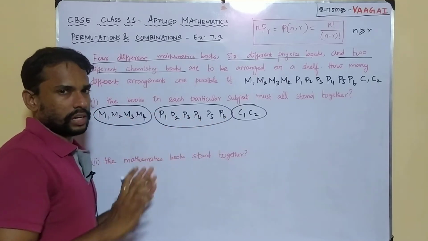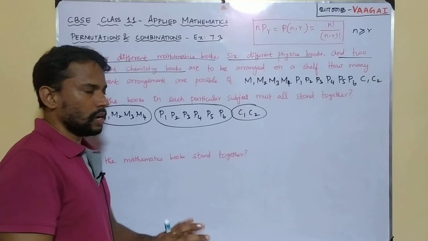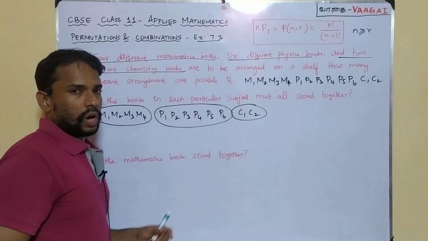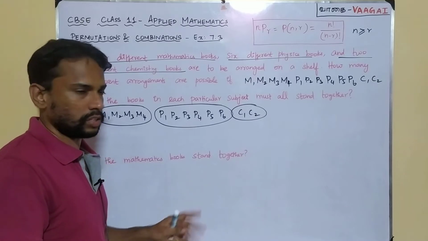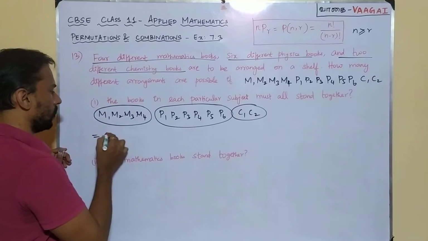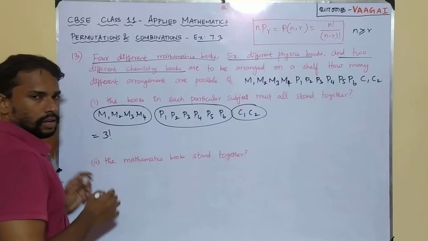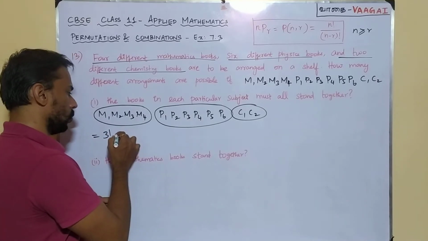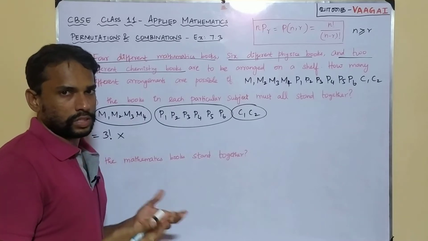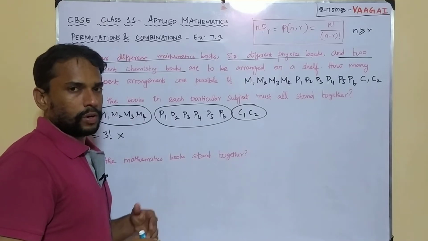So our task is just to arrange 3 different objects. That can be written as 3 factorial, because to arrange 3 objects there are 3 factorial ways. So 3 factorial into, the problem is still not over. Why? Because what?